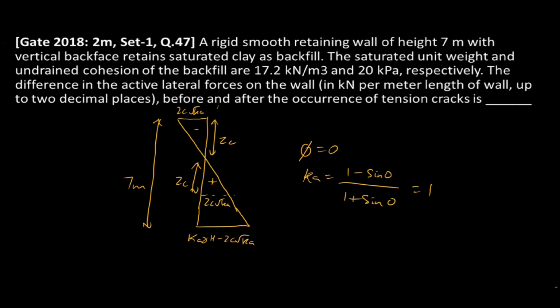So the value of Zc will be equal to 2C by gamma root Ka, which is 2 into 20 divided by 17.2 root 1, which will be 2.32 meter. Okay.